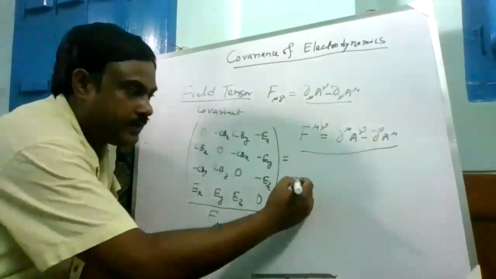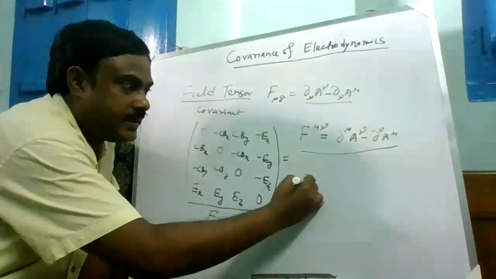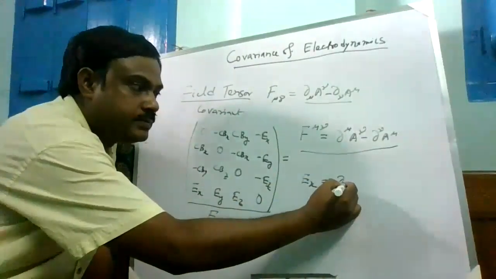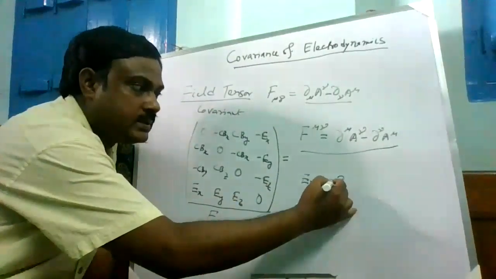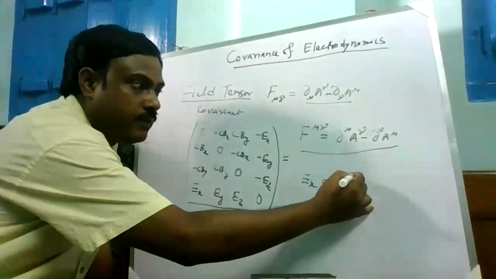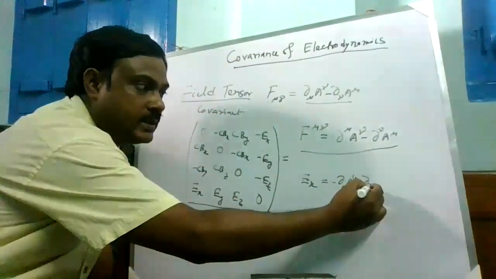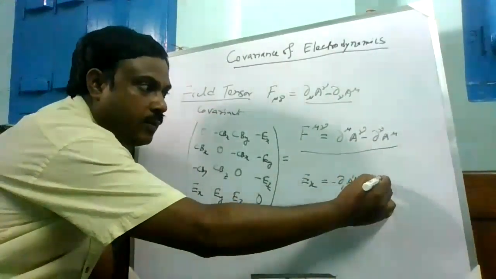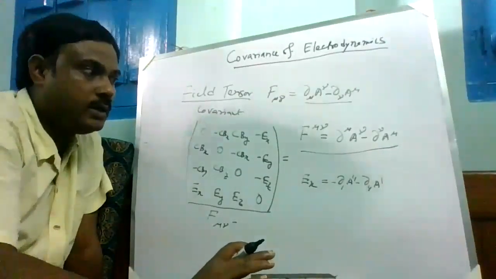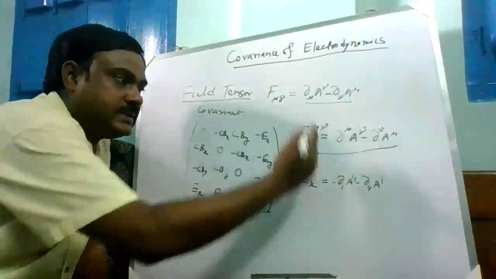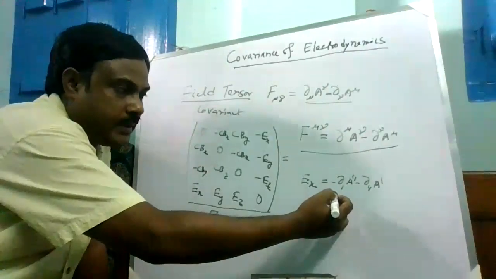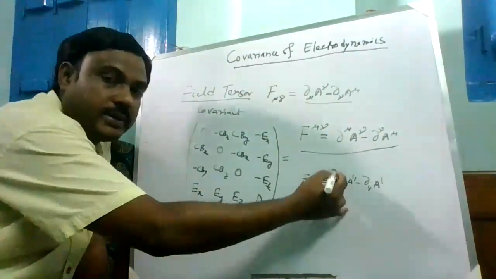For example, I am giving one example. Say we have written Ex to be del 4 A1 minus del 1 A4. This is the original form, right? Now, if you raise the indices, then for del 1, the negative sign will be absorbed because the contravariant part of del 1 is negative.